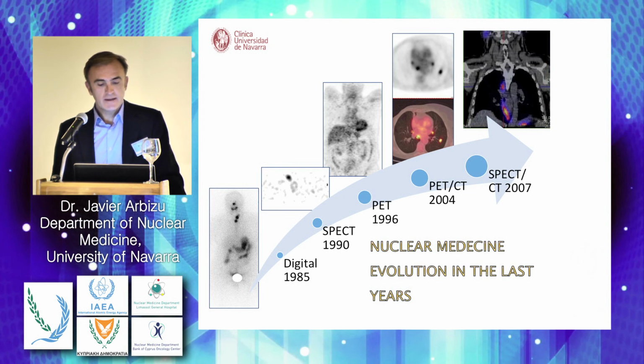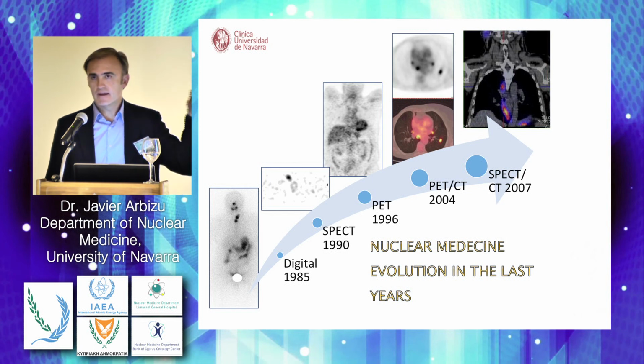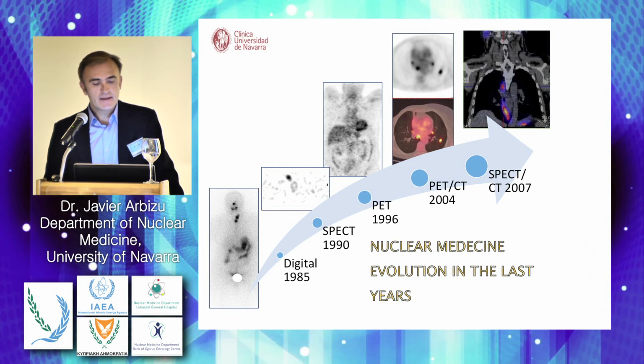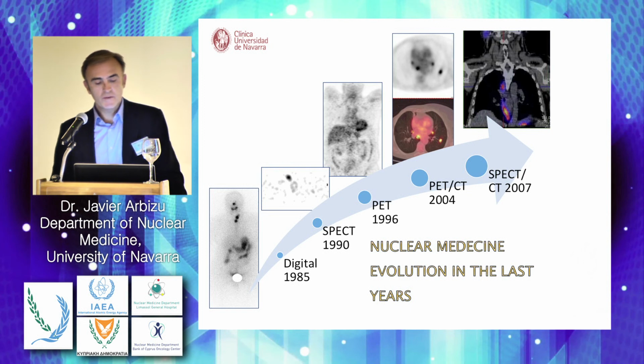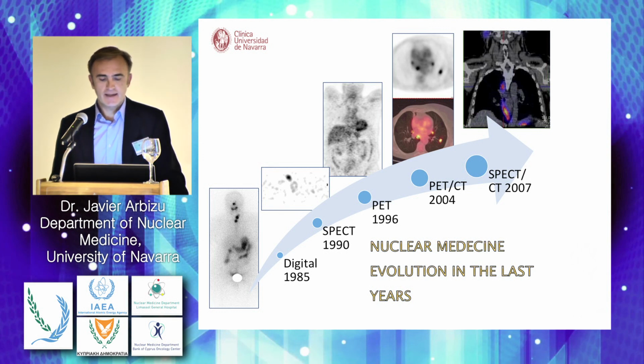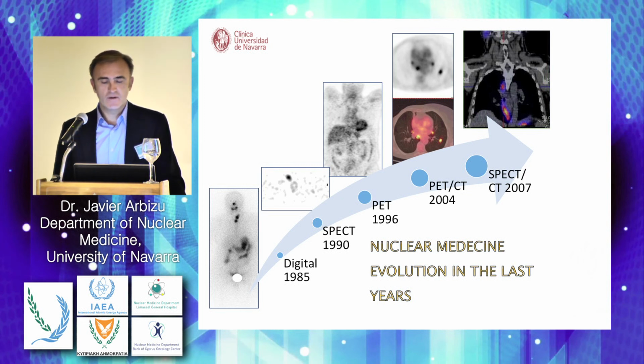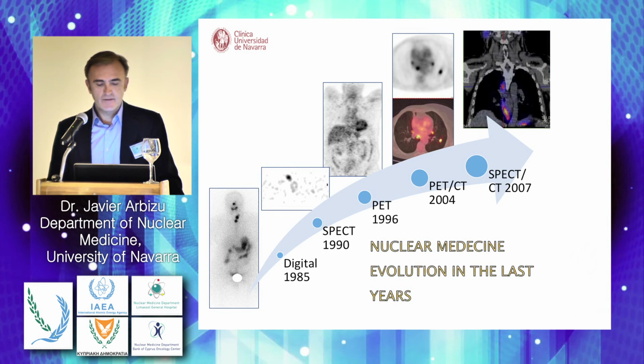Of course, at the end of the 90s, from the clinical point of view, the PET has a long history, but it was available in most of the hospitals at that time, so it was important. But there is another evolution, which was to put together a PET and a CT, and finally we have the SPECT-CT, which is, more or less in 2007, available for the hospitals.